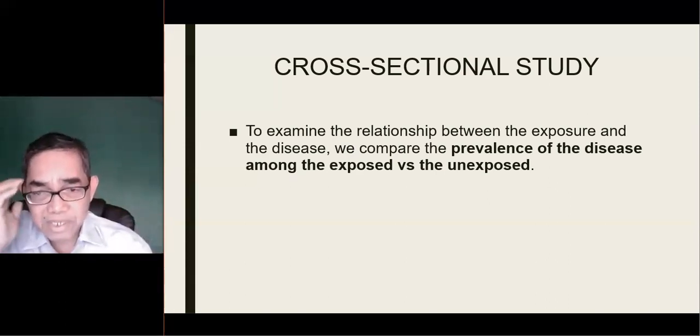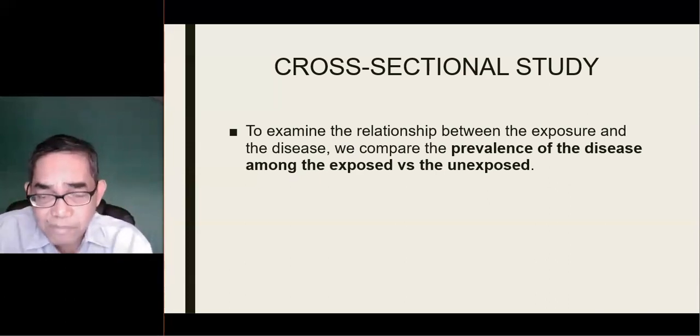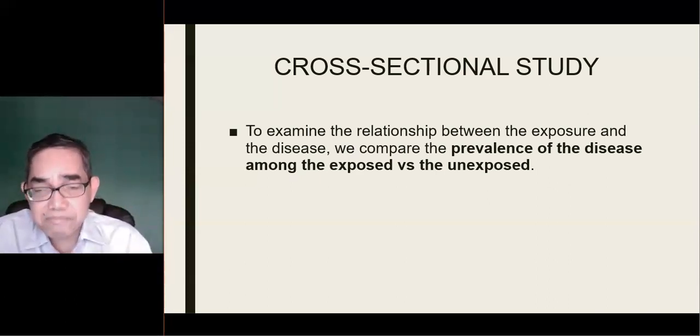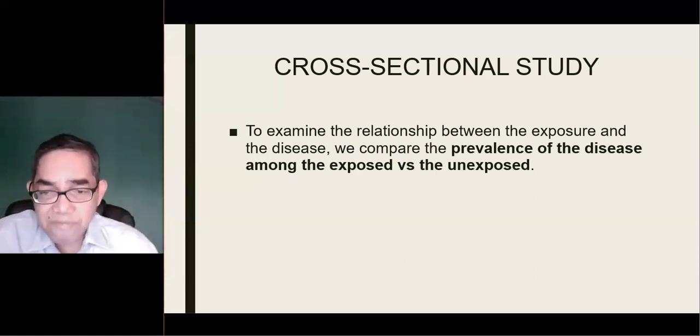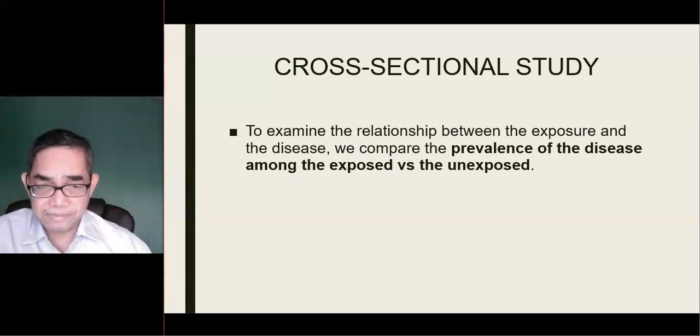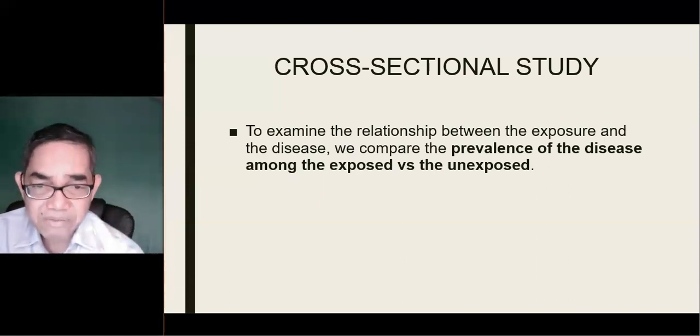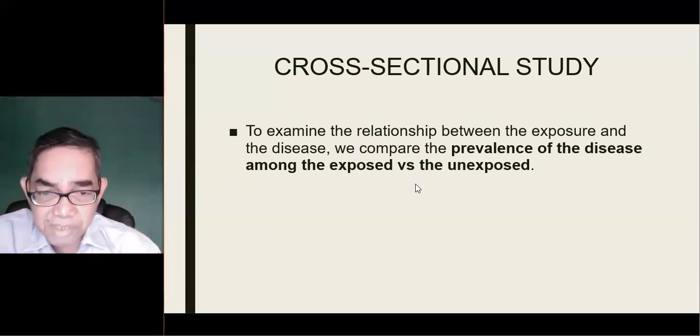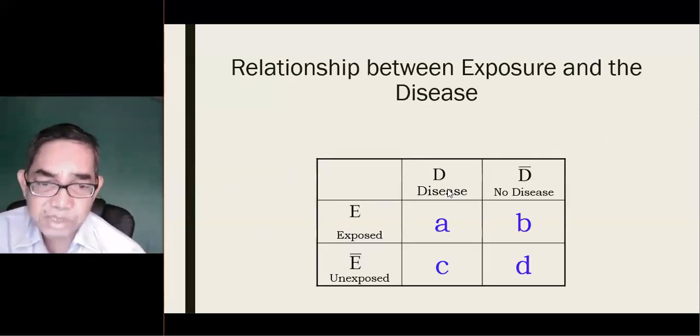In Tagalog, I normally translate prevalence as may sakit. People who have the disease. When we look at the population, the cross-section prevalence, we talk of the prevalence of the disease. And then we compare the prevalence of the disease among the exposed versus the unexposed.